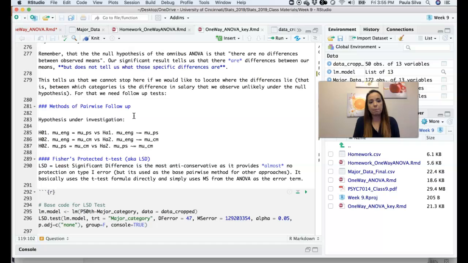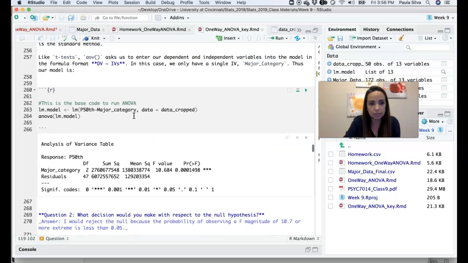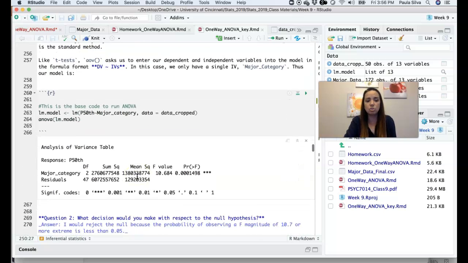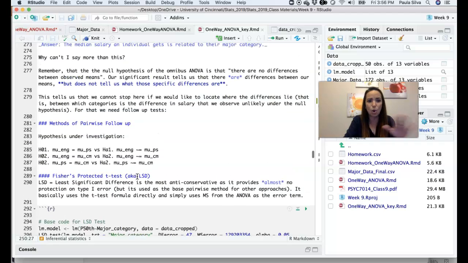Well, remember that the null hypothesis of the omnibus ANOVA test, this test that we just ran, is that there are no differences between observed means. Look, engineering equals computer and mathematics equals physical science. No difference between anything. They're all the same.